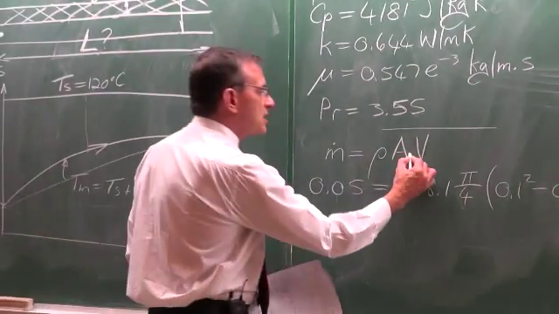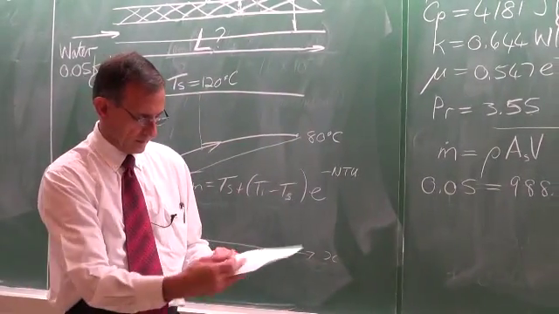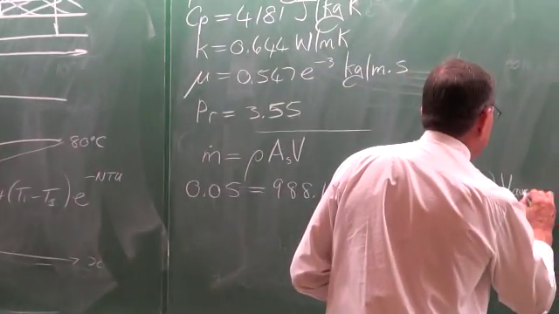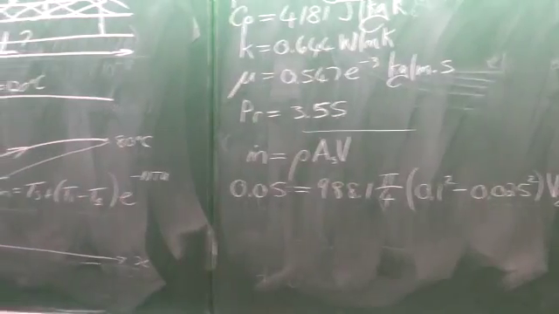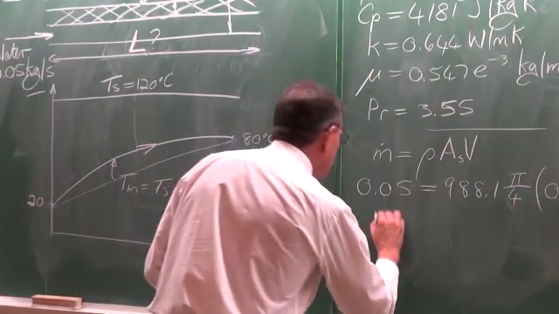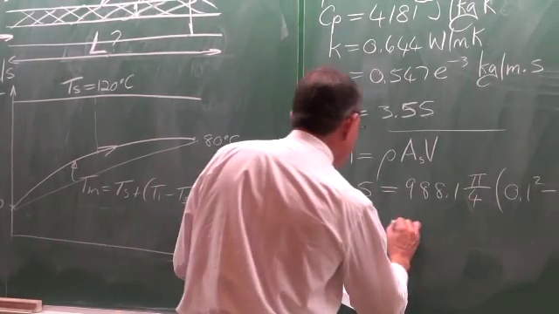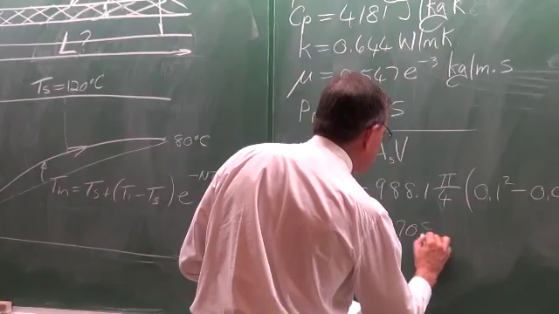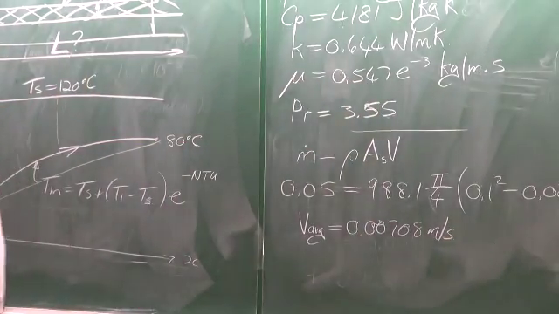So this area is the cross-sectional area through the annulus, multiplied by the average velocity. From which we can calculate the average velocity as 0.00708 meters per second. So the velocity is quite small.